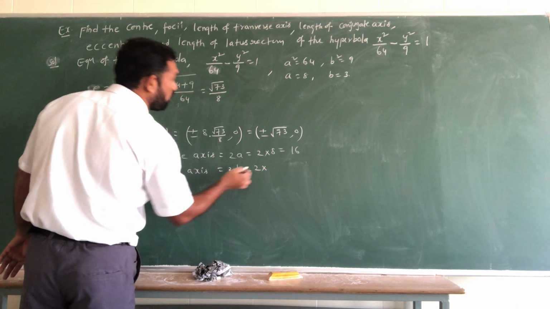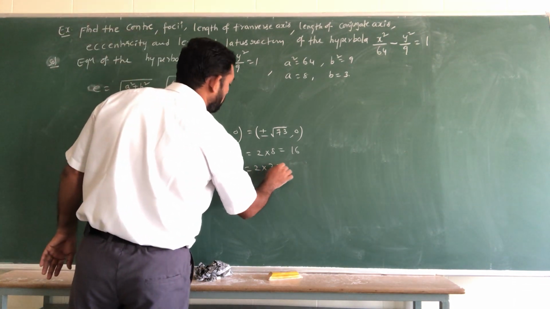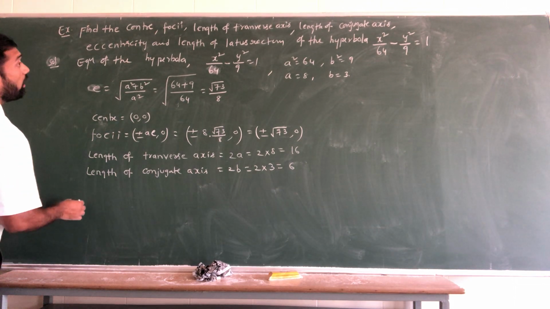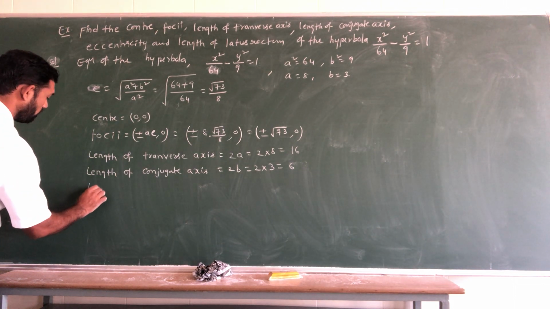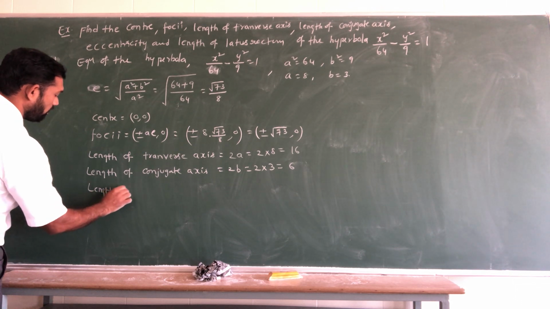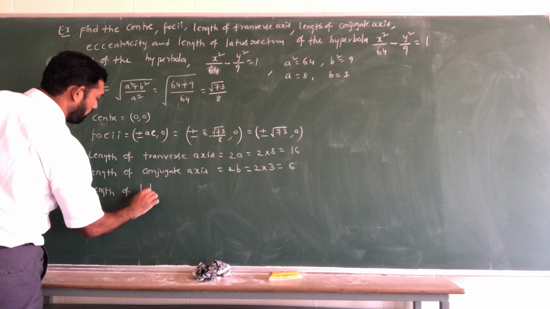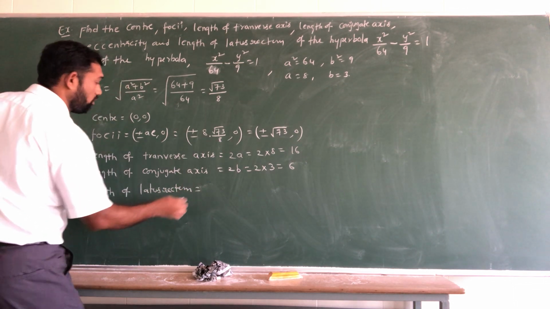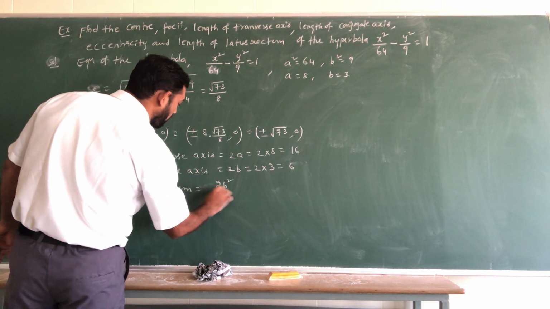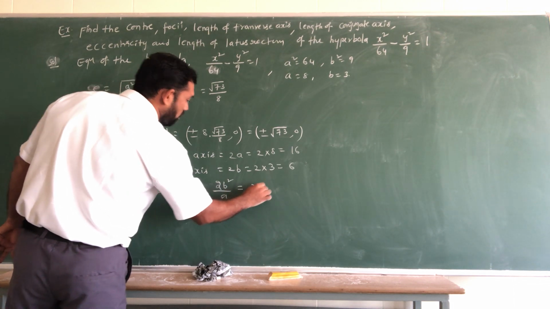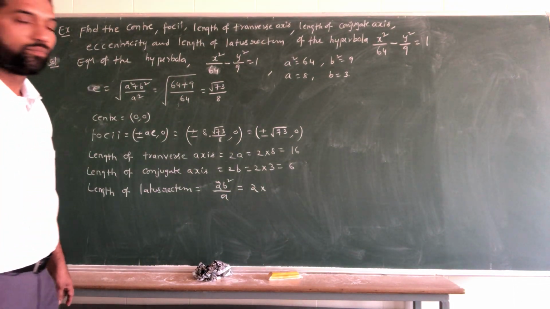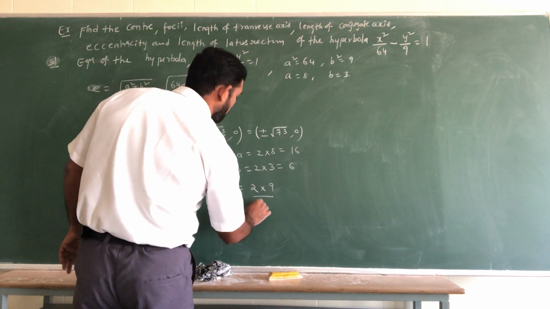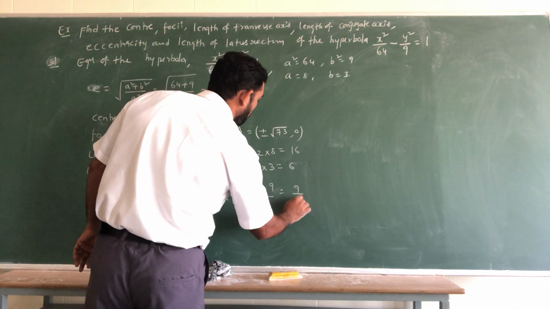So 2 into our b value 3, that is 6. Next one, length of latus rectum. The formula is 2b square by a. So 2 into b square value 9 divided by a value 8. So this is 9 by 4.